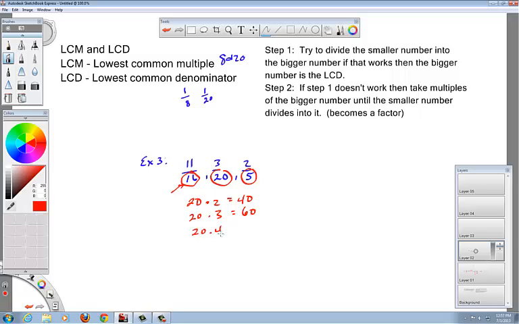So we try 20 times 4, which is 80. And that one gets it right there, because 5 goes into anything that ends in 0, and 20 obviously goes into it 4 times, and 16 will go into 80 5 times. So the LCD in this example would be 80.